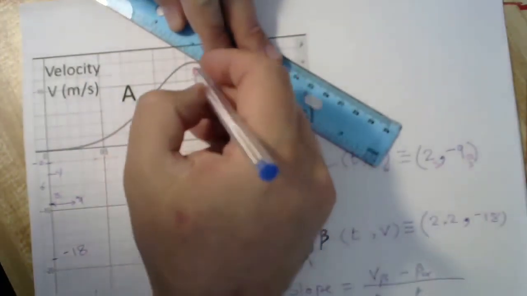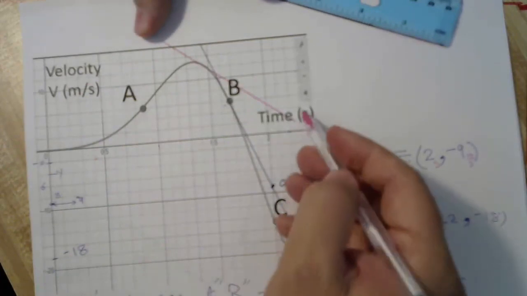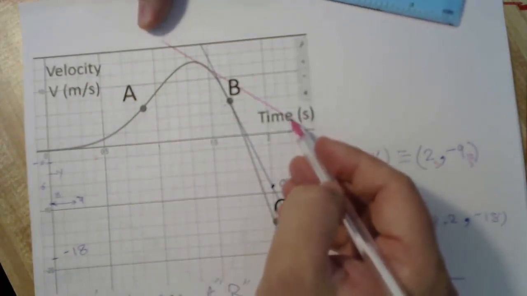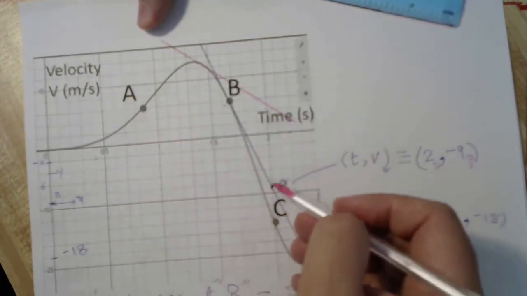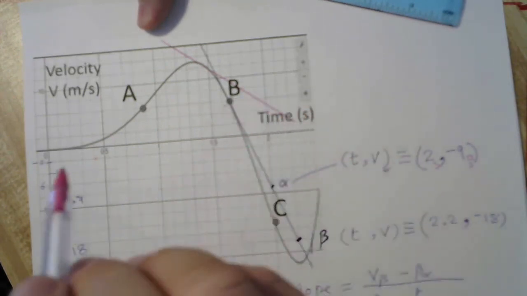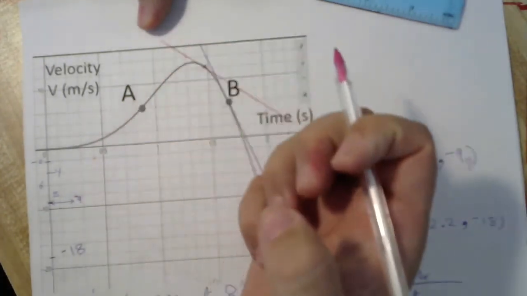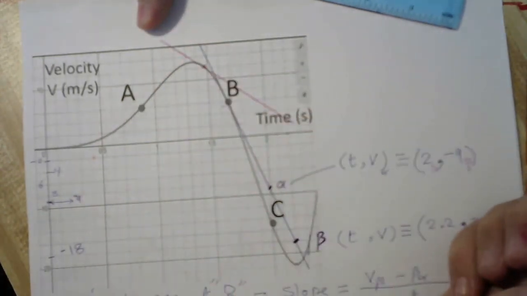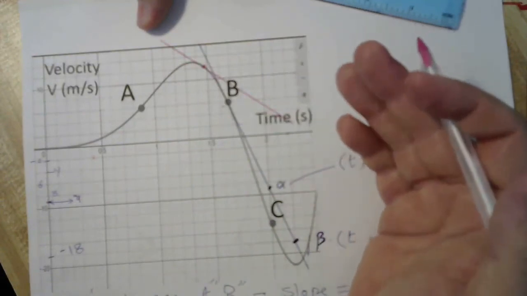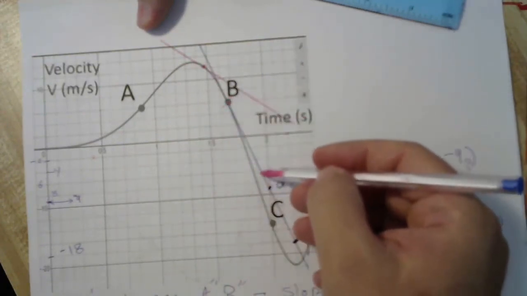I don't know what the name of this point is. The slope is negative also, but the slope is less in magnitude than the slope at B. That means the body at this point is increasing its velocity, but not at the same rate as in this period.